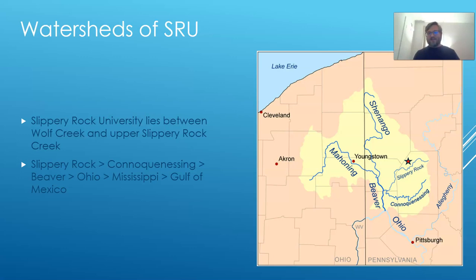So regardless of whether it goes to Wolf Creek or Upper Slippery Rock Creek, any water that falls on the ground here in Slippery Rock is going to eventually make its way down to the Connoquenessing, to the Beaver, to the Ohio, to the Mississippi, and then out through the Mississippi Delta that we saw a few slides ago. That's the ultimate destination of any water that falls on the ground in Slippery Rock.